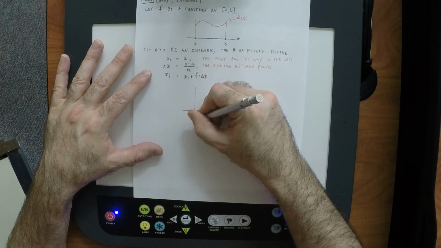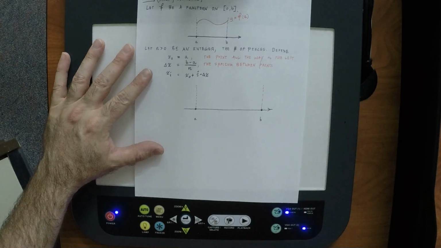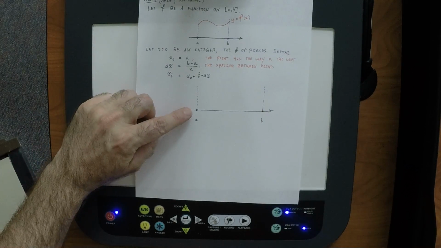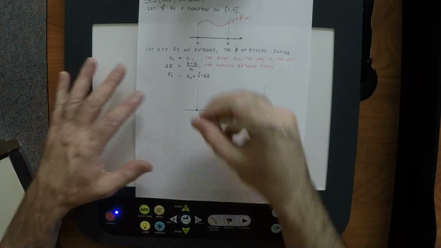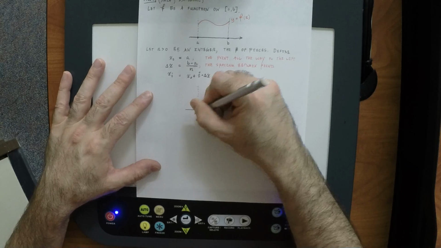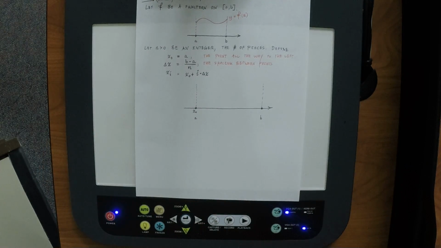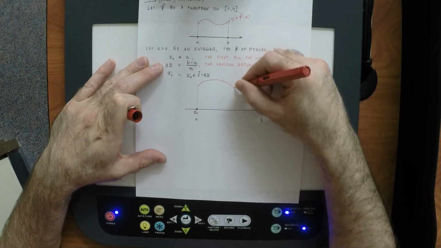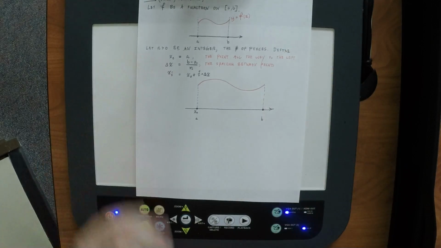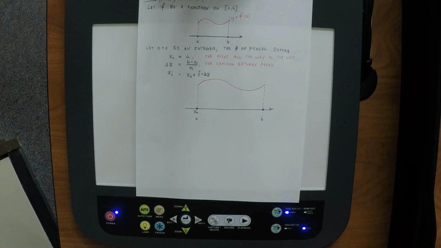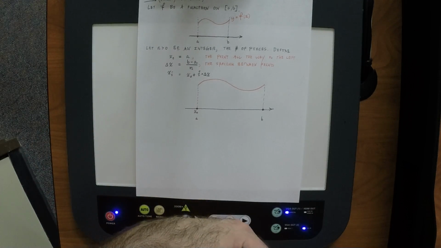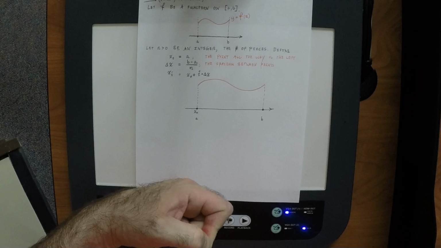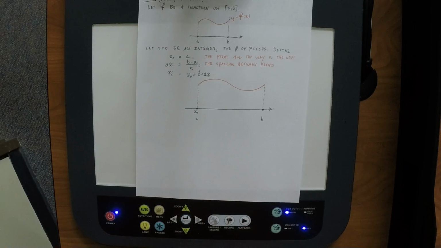So this is point A and this is point B. But we're specifically saying that for notational purposes, we're going to refer to the left point as x0. So x0 and A are synonyms, but we're going to call it x0. Okay. And now, n is just some positive integer, but it's hard to draw a picture with an arbitrary number of pieces, so I'm going to just draw 4 pieces, because otherwise it might be too difficult to understand what I'm saying.